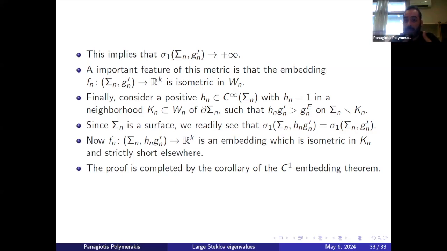We can just change the Riemannian metric conformally, with a conformal factor that is 1 in a smaller neighborhood of the boundary and then becomes arbitrarily large, so that the embedding is strictly short elsewhere. And by doing this on a surface, the Steklov spectrum does not change at all. Finally, we can apply the same corollary and complete the proof for the construction.